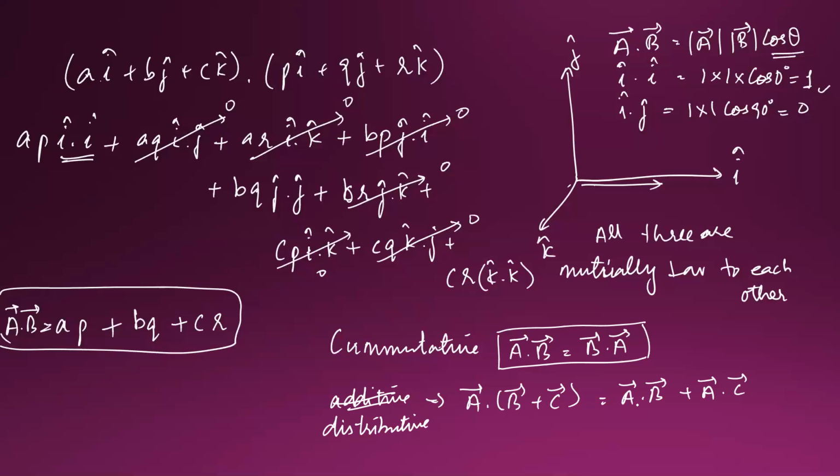And always remember that if i is multiplied with j, the angle will be 90 degrees, so the value will be 0. If j is multiplied with k, the angle between them is also 90 degrees, so that will also have the value 0. So to find the dot product of any two vectors, this method is to be followed.